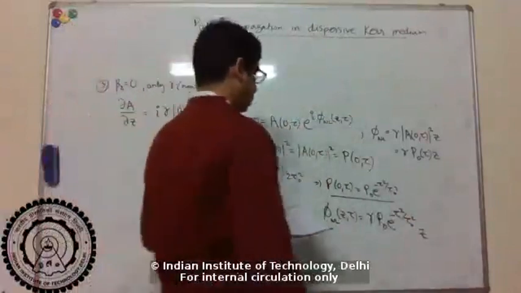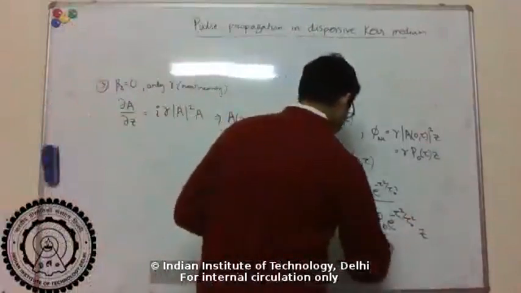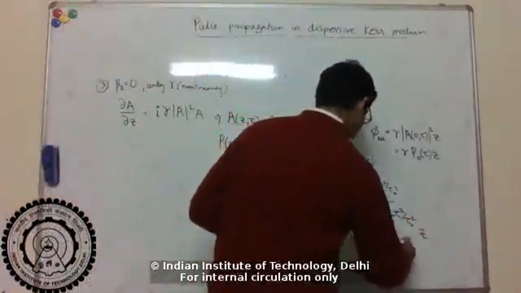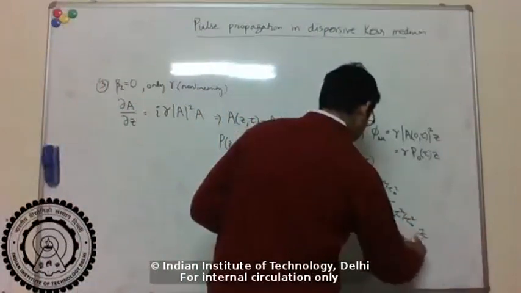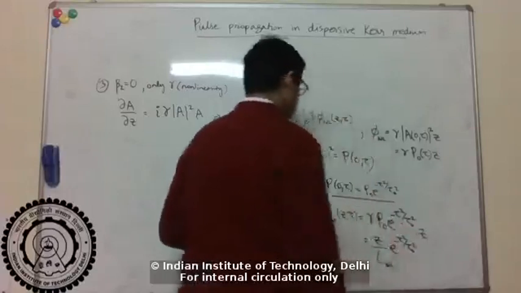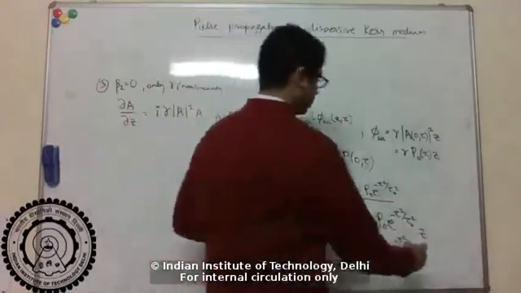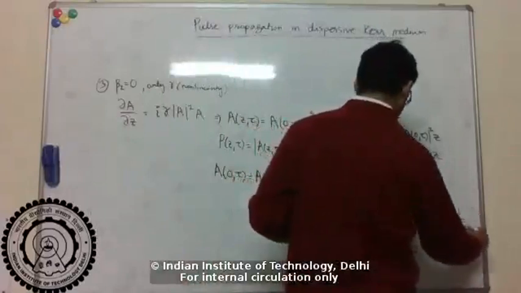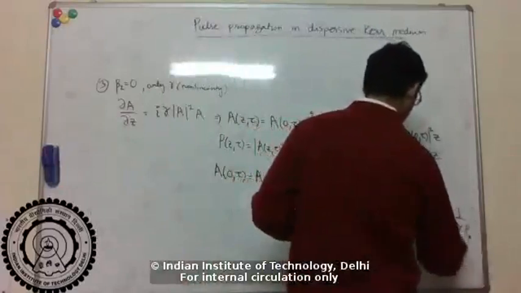Okay, so this is written as Z over L_NL, where we define L_NL equal to 1 over gamma P naught. This is the nonlinear length.